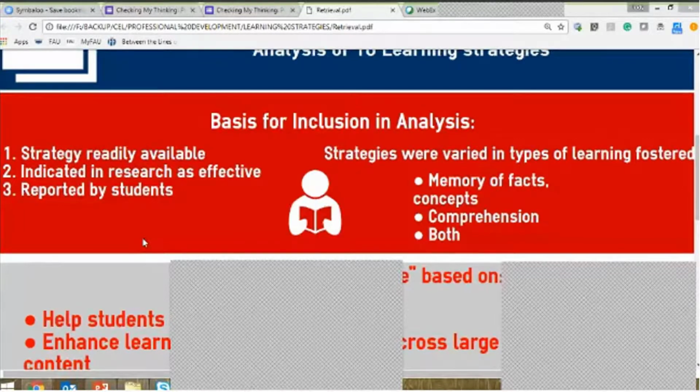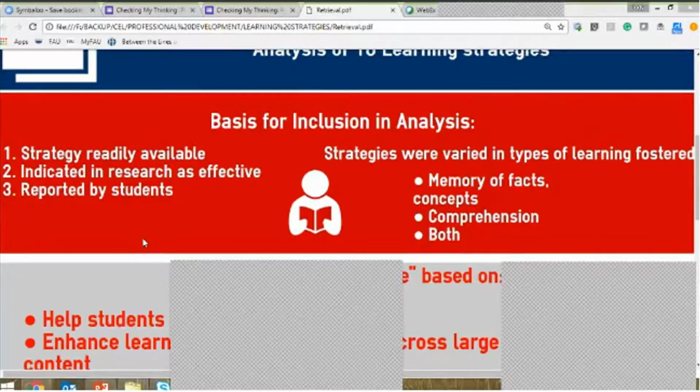And they actually did not use many that were technology based, so that they could reach as many students as possible. They also looked at strategies that were indicated in the various research articles as effective strategies, and they looked at strategies that had been reported by the students.